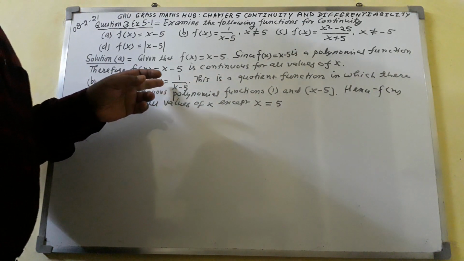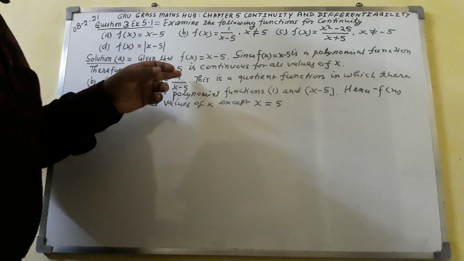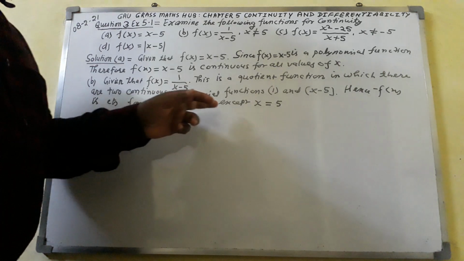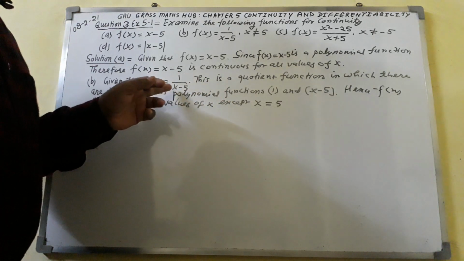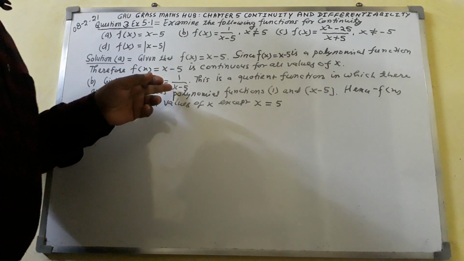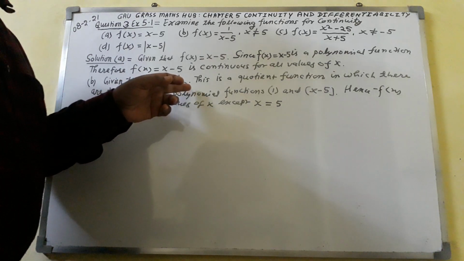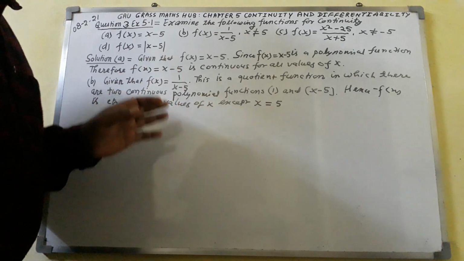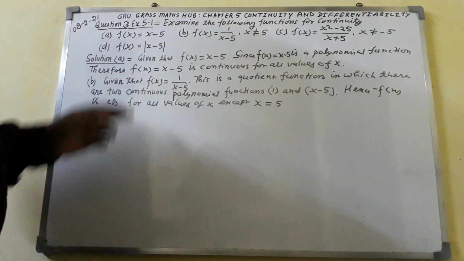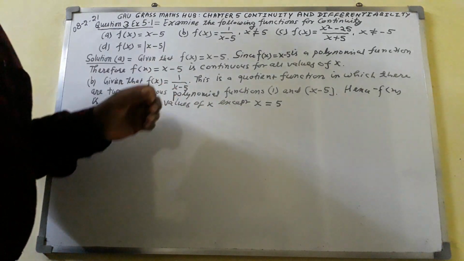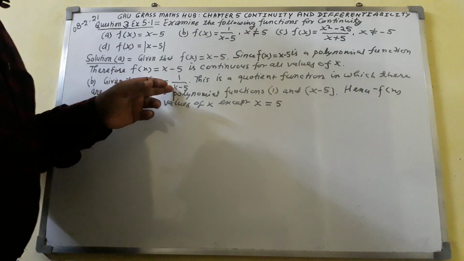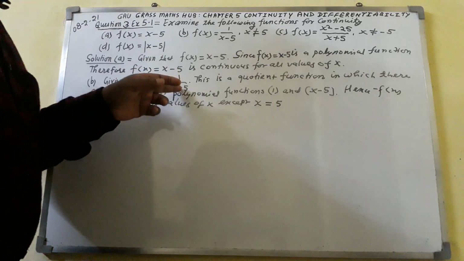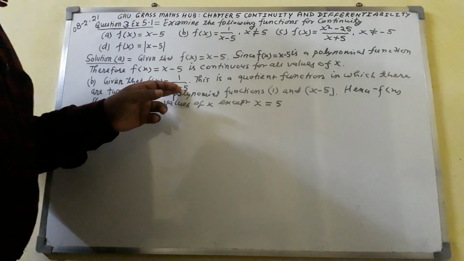This is a quotient function in which the numerator is 1 and the denominator is x minus 5. If you put x equal to 5, in the denominator 5 minus 5 comes out to be 0. So 1 over 0 goes up to infinite. That is not defined. f of x will not be defined when x equal to 5, because in the denominator you will get 0.